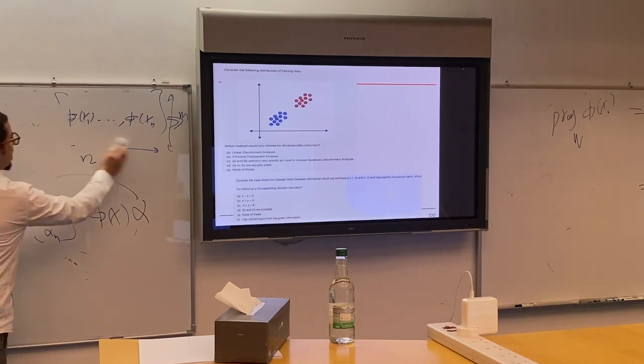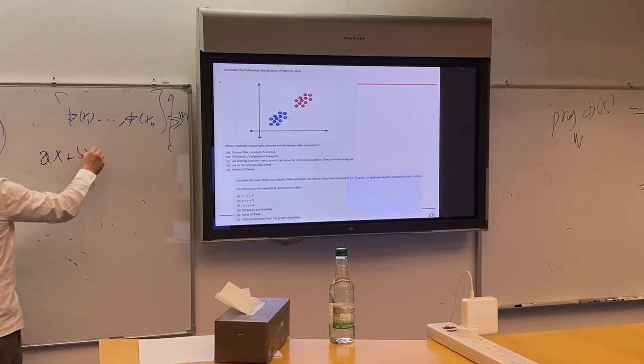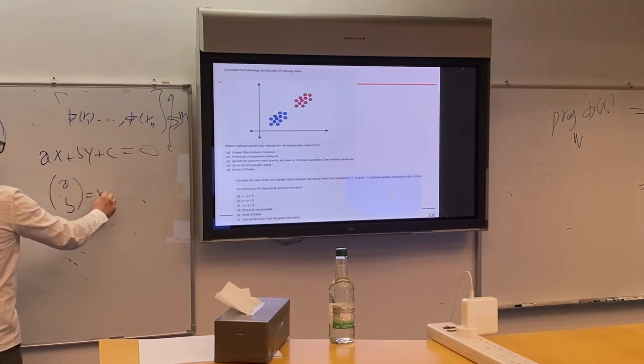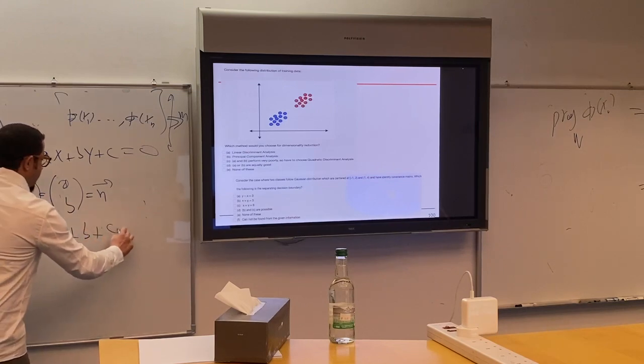So it is the equation of the line. Do you remember the equation of the line, please? ax + by + c = 0. a and b are the normal vector, right? What is the normal vector here? 1 minus -1 is 2, and 4 minus 2 is 2, so it is 2, 2. So we go back here. We are looking for the direction. I can put 2, 2, 3, 3, 1, 1, it doesn't matter. So it will be x + y + c = 0.